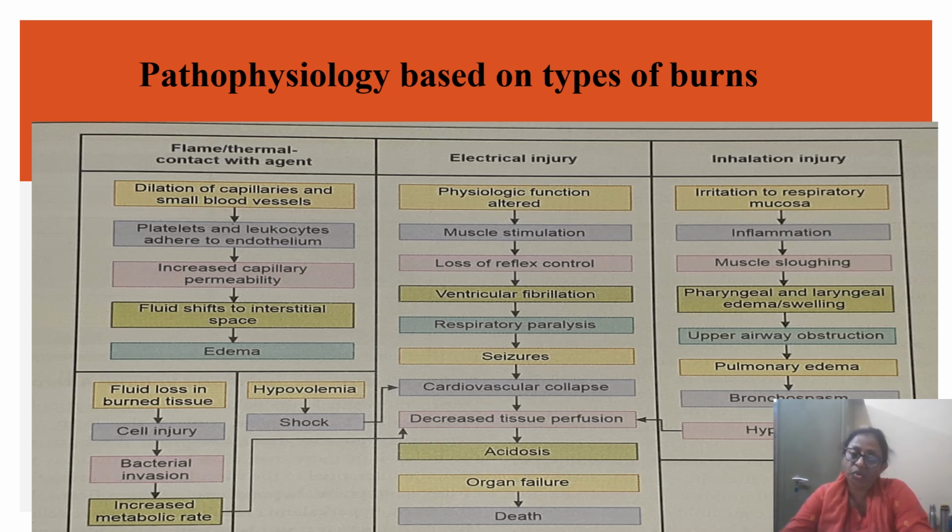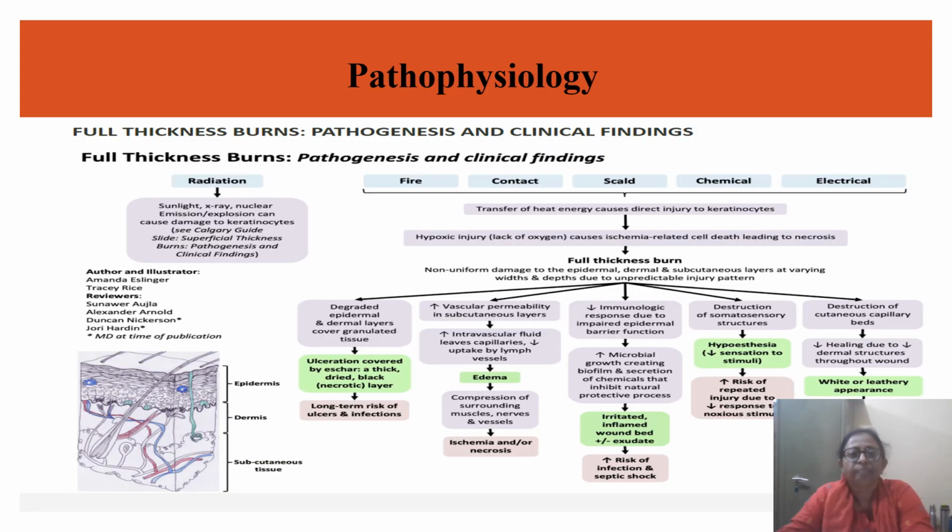Then inhalation injury: irritation to the respiratory mucosa, inflammation, pharyngeal and laryngeal edema and swelling, then upper airway obstruction, pulmonary edema and bronchospasm, and that leads to hypoxemia, decreased tissue perfusion, acidosis, organ failure, and death. So this is the pathophysiology. Here you can see the different causes, the pathophysiology, and the clinical manifestations.